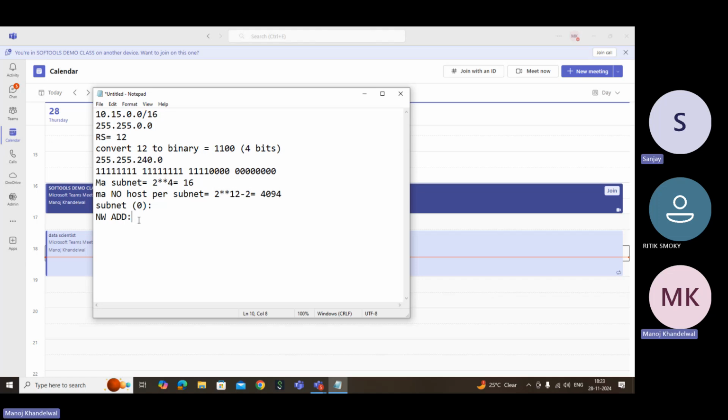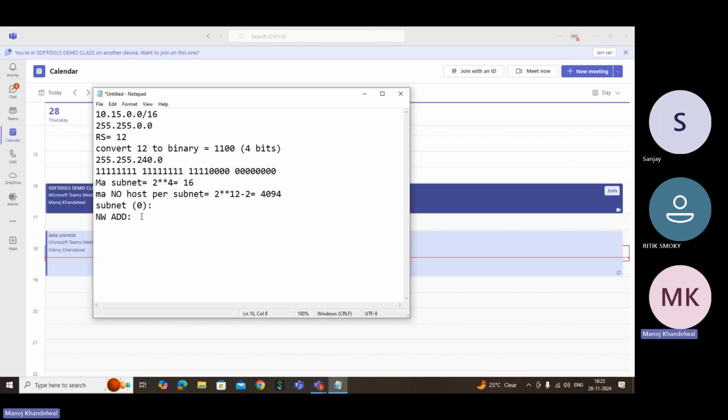Now the network address. It is an easy formula: you have to make all the host parts zeros.